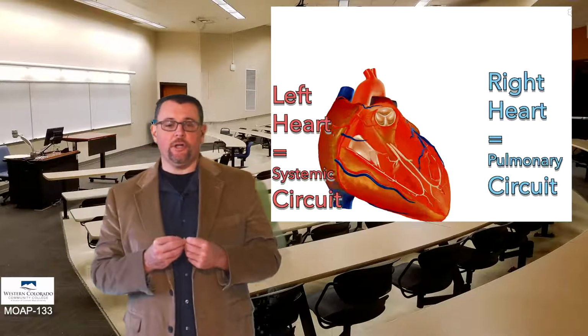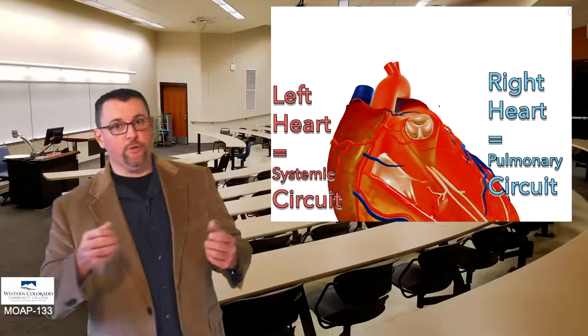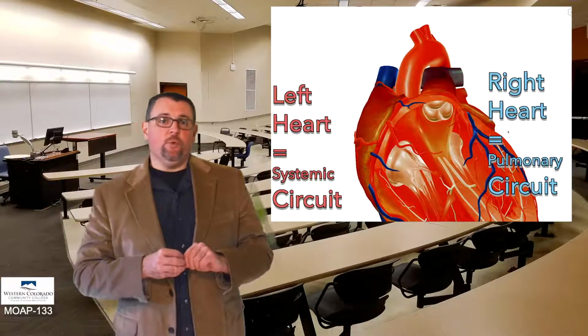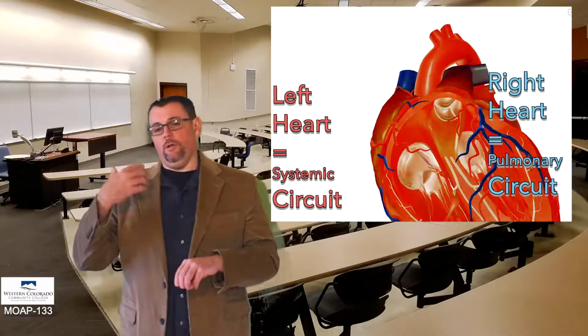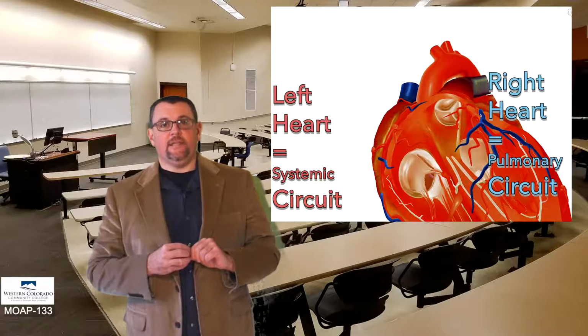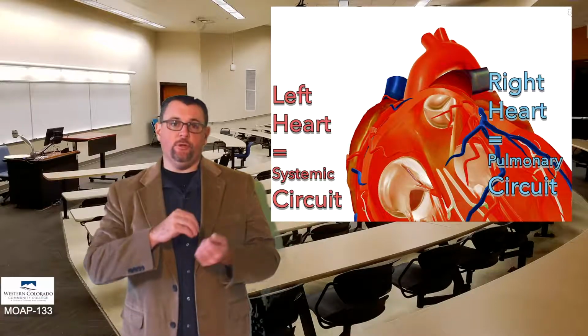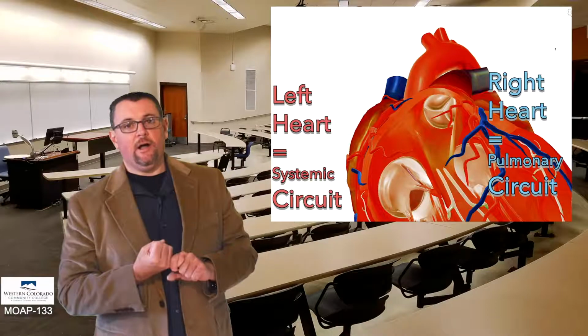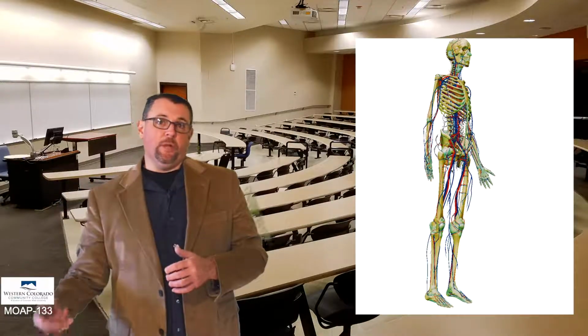When the left heart contracts, particularly the left ventricle, that's what's pushing blood through all of the body. We're calling that the systemic circuit. From the left ventricle, you're pushing oxygenated blood to all of the body's tissues. And then your venous blood, after perfusion has happened at the capillary beds, is brought back up for reoxygenation.